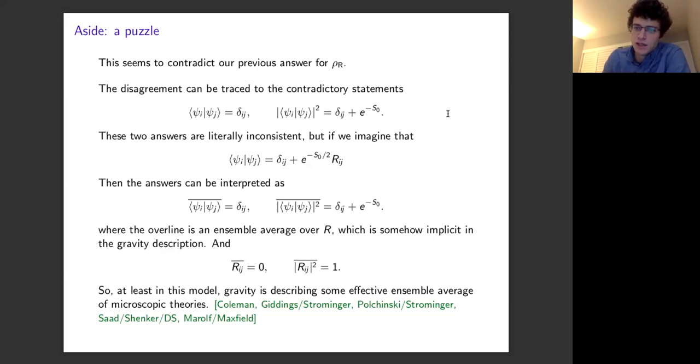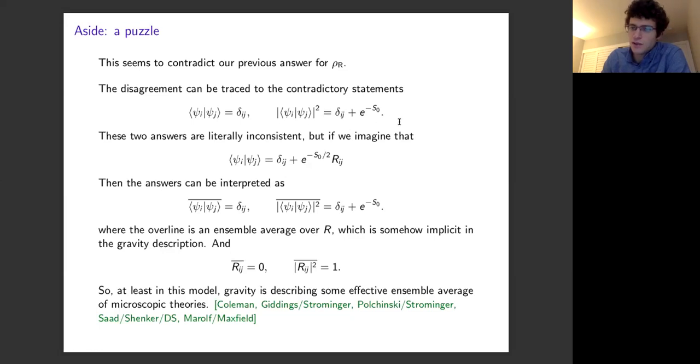I see. So, one point I want to make about these replica wormholes is that there's no direct contradiction for the entropy. The direct contradiction is in these inner products. So the computation of the entropy by itself doesn't immediately lead to any problem.